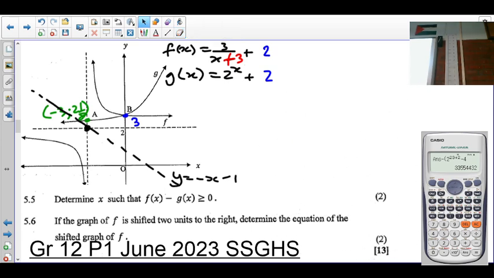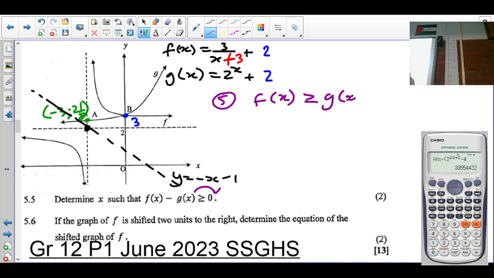So in question 5.5, we are now told determine x such that f of x minus g of x is greater than or equal to 0. I take that over the equal sign. It's the same as saying f of x is greater or equal to g of x. So in other words, it means the f of x graph is on top of the g of x graph. Okay, so as you can see here, the f graph is below here.